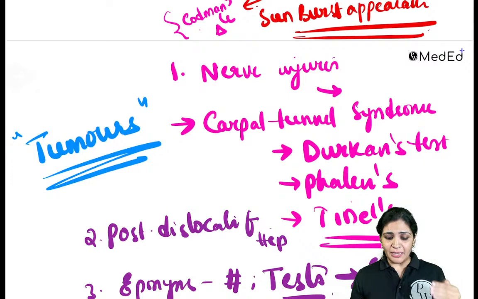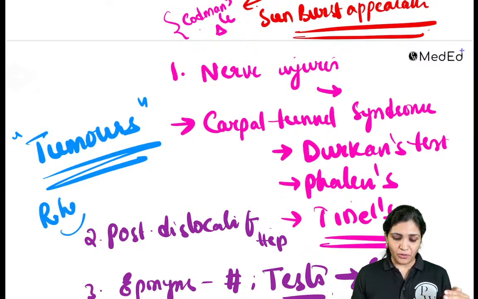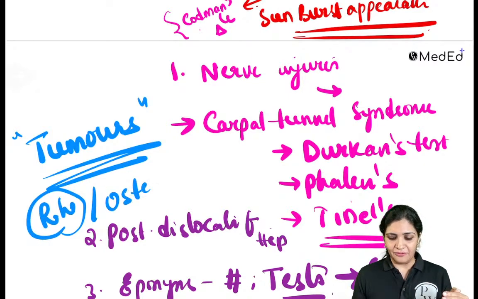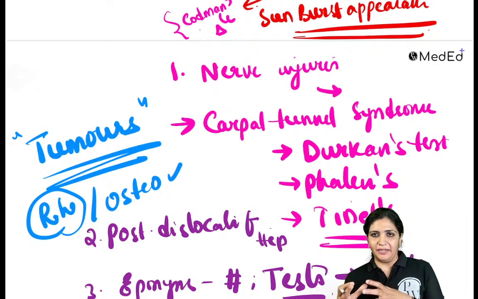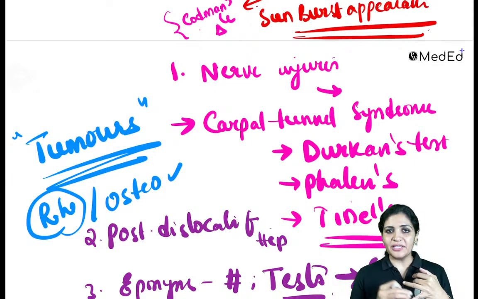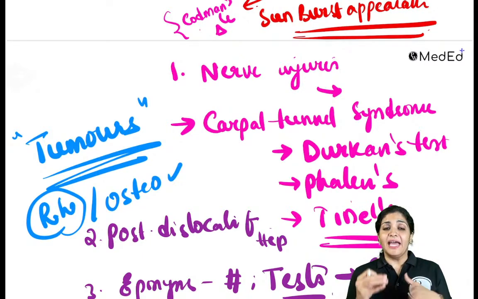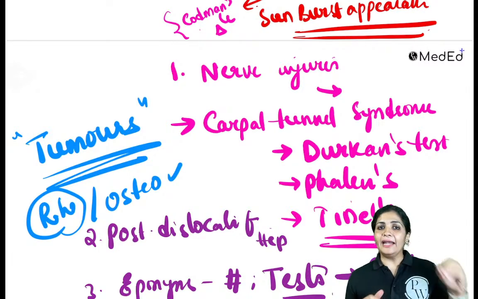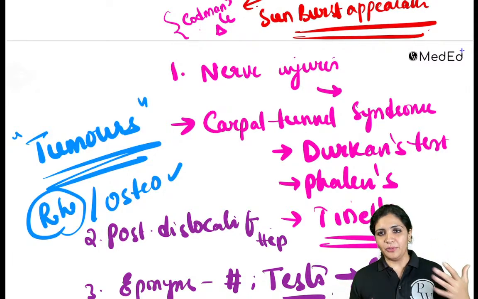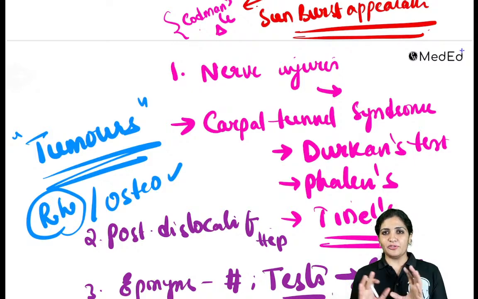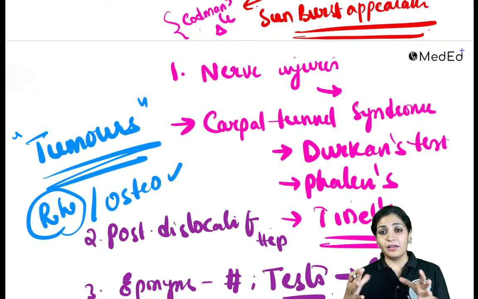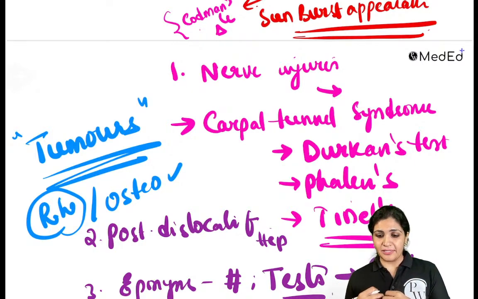And then sometimes they may ask about rheumatoid arthritis and osteoarthritis, that is the inflammation or joints part. So you're going to deal with nerve injuries, then the dislocations of the hip, the anterior and the posterior, then the eponyms, fracture names and test names, and then your joints. And coming to the radiology part, you can deal with the tumors. So this is a little bit of orthopedics. Maybe you can cover 70 to 80% of it, right?